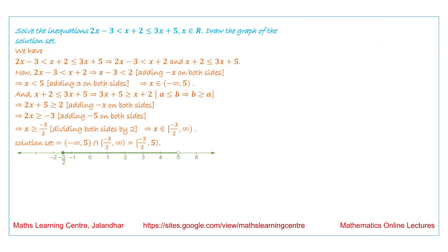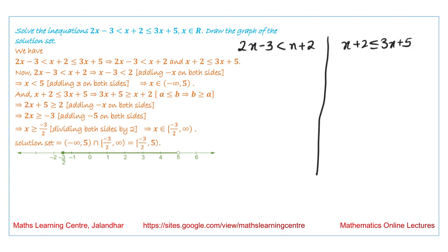Next, this system is given. Again we divide it in two parts. The first part is 2x minus 3 is less than x plus 2, and the second is x plus 2 is less than or equal to 3x plus 5. Solving the first, we get x is less than 5.